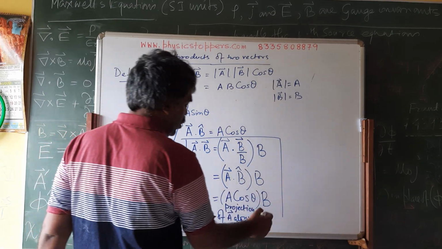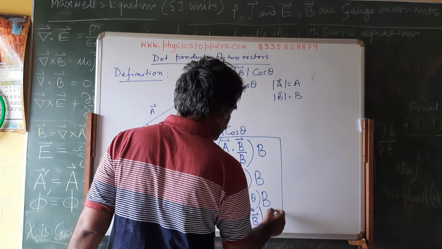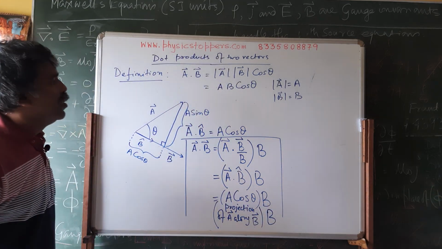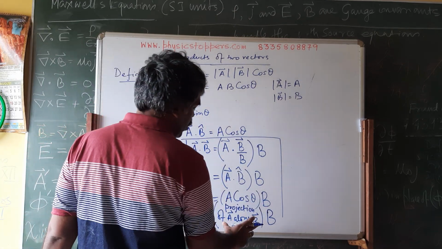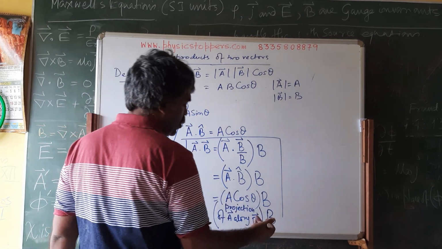So this is the projection of A along B times B. So you can think of A dot B as the projection of A along B times B.